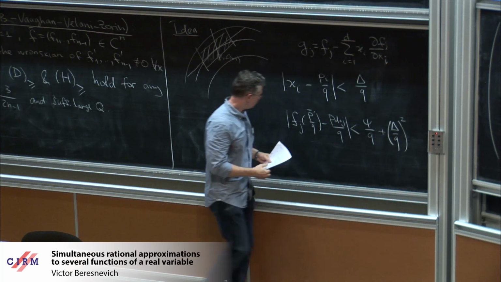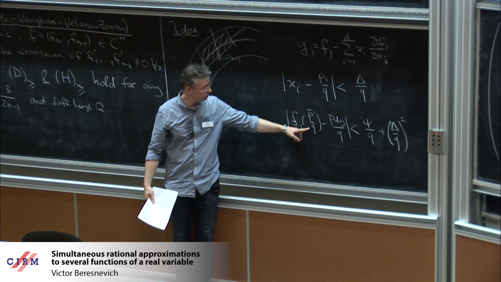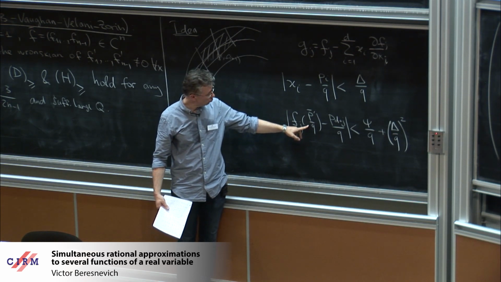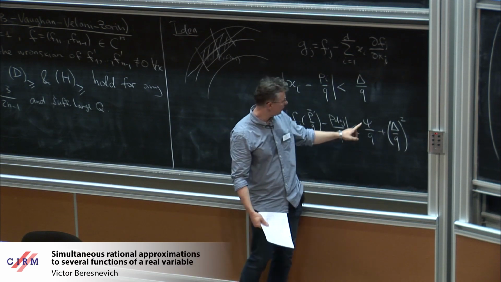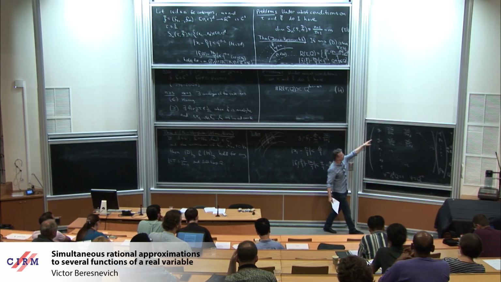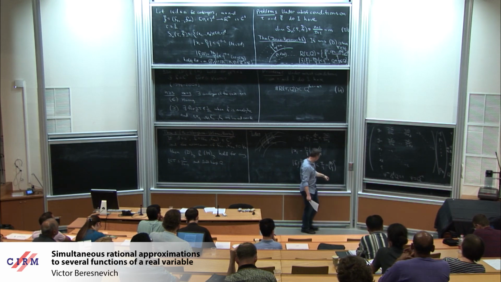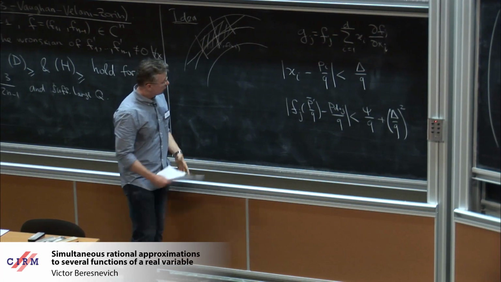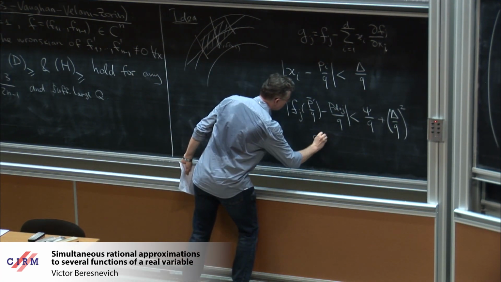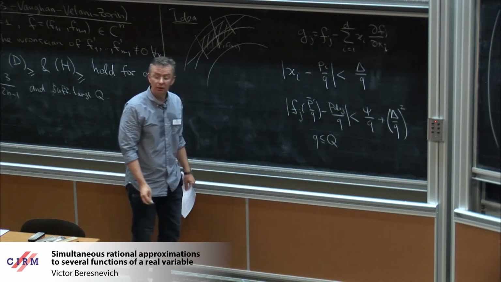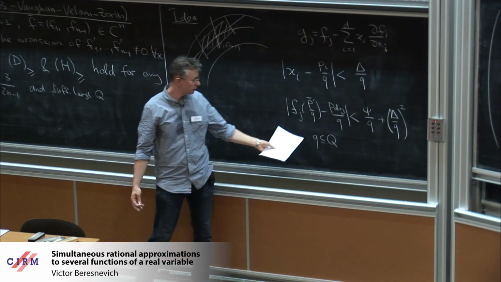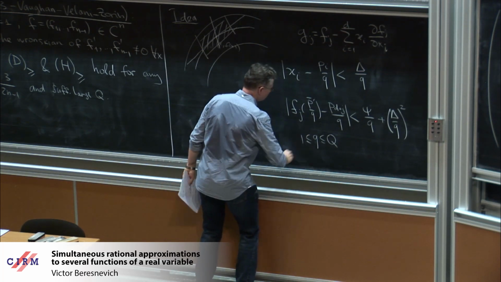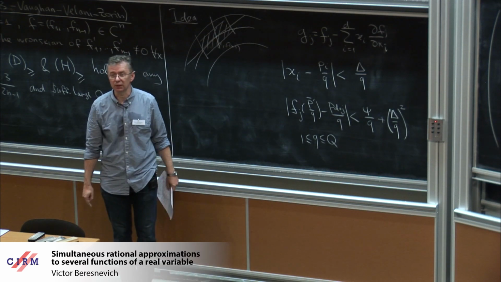Right. So this is just by expanding this using up to the second term of the Taylor expansion. You estimate part of it by psi over q from one of these inequalities, and this is just the error term, the quadratic term. So I also have this condition. A priori, I don't know if this is even non-zero, but let's assume for the moment it's non-zero, and by swapping the sign, I can assume that it's at least 1.